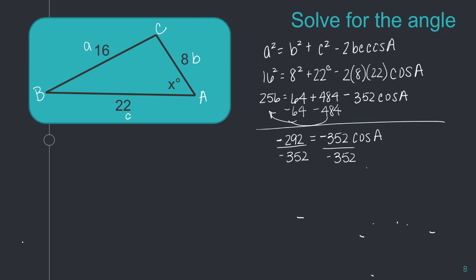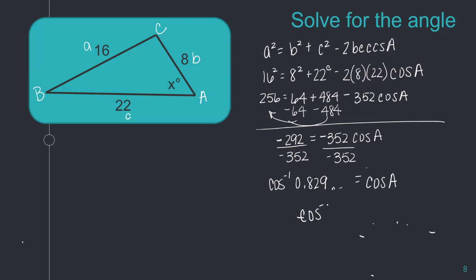And I get, let's see, negative 292 divided by negative 352 is 0.829, etc. And that's equal to the cosine of A. Here's where I'm going to take the arc cosine. So I'm going to hit second cosine, and then I'm going to hit second negative to insert my answer.